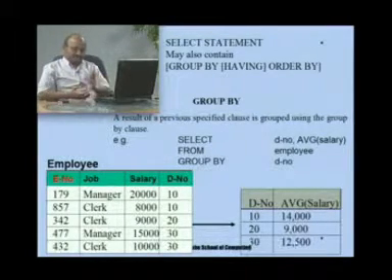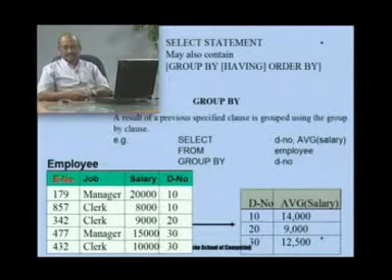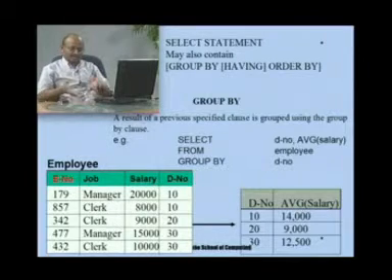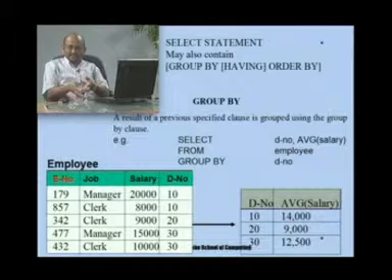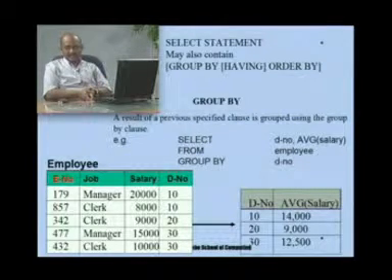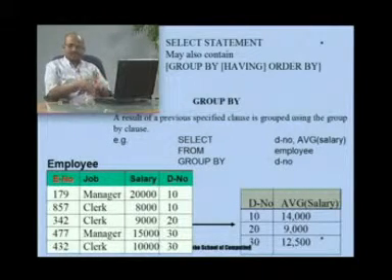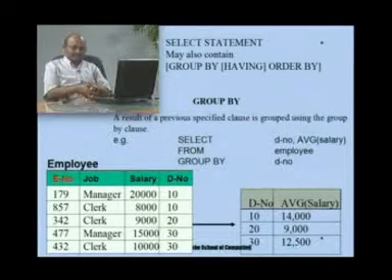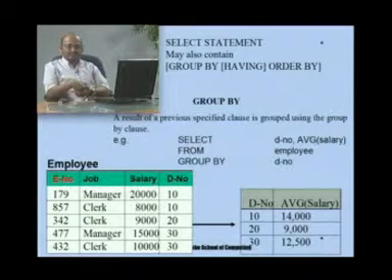For example, if you drop the DNO and just show average salary and show the three values 14,000, 9,000 and 12,500, it will not make sense. Only when you say department 10 is 14,000, it makes some sense. So, your output's first column or set of columns must be this group by condition. Then the next set can be whatever the aggregate functions like average, minimum, maximum and so forth.